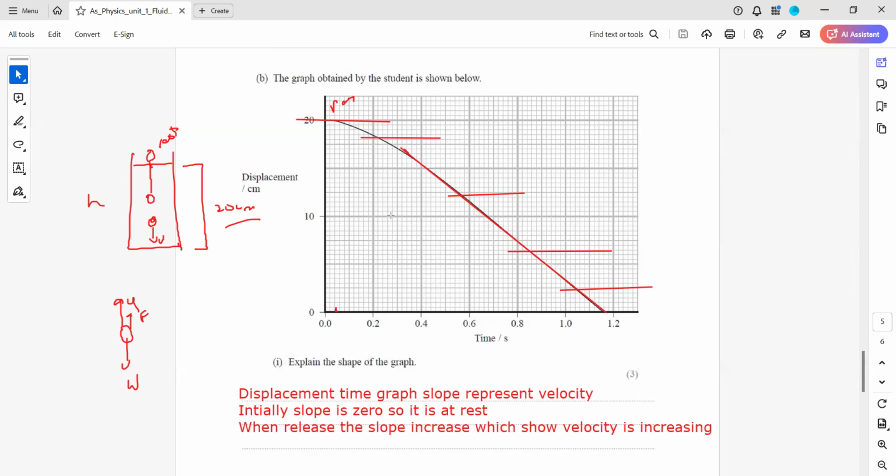So we can say from 0.04 seconds to about 0.34 seconds, with two boxes here being 0.04 second. In this part the speed is increasing, or it is accelerating, and from 0.34 second until it hits the bottom of the container, the acceleration is zero and it is moving at a constant speed. So whenever a graph is given, try to use the values from the graph.